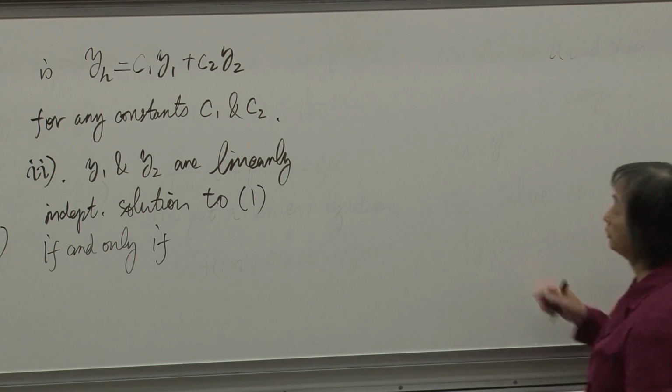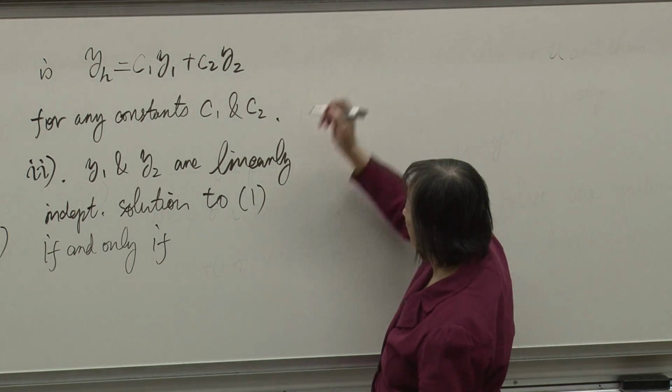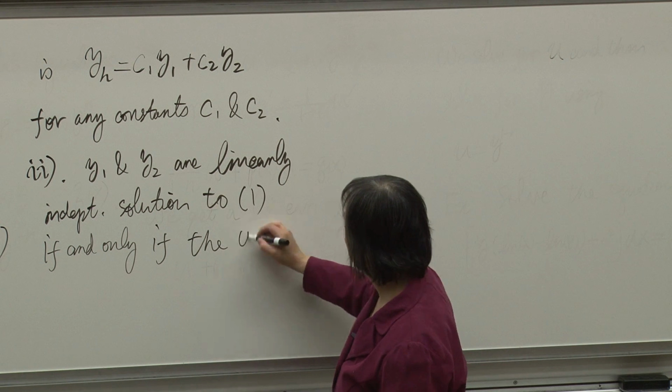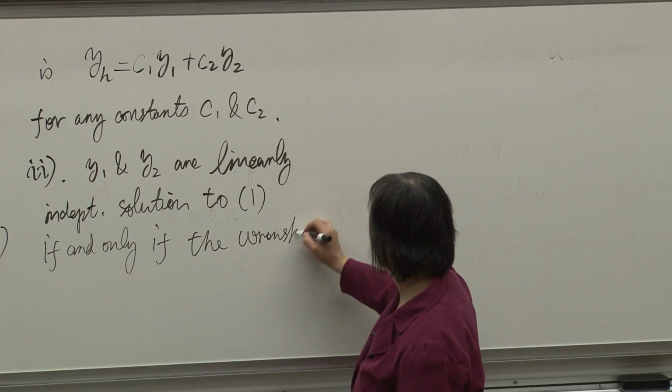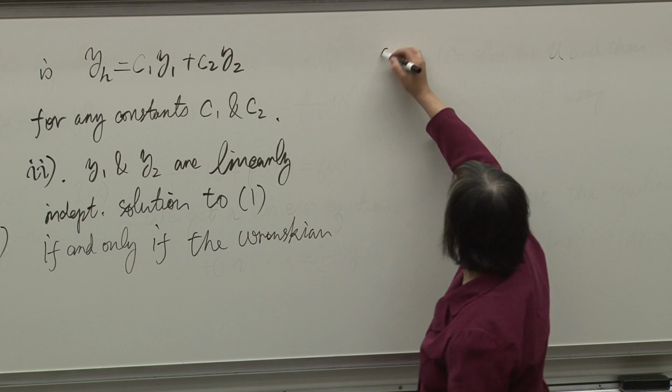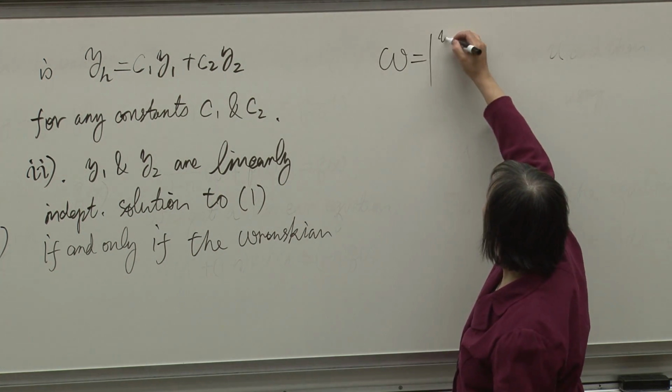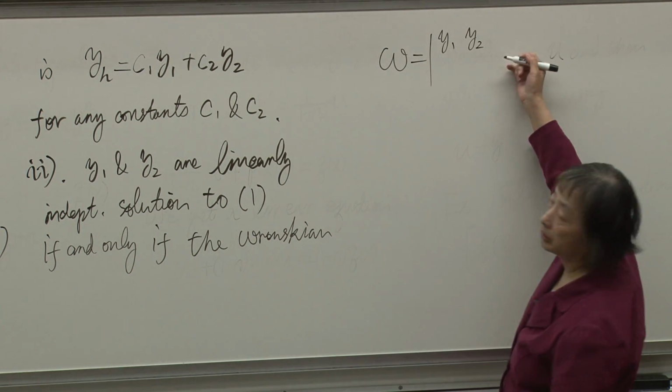So we need to remember the Wronskian. W equals the 2 by 2 determinant.